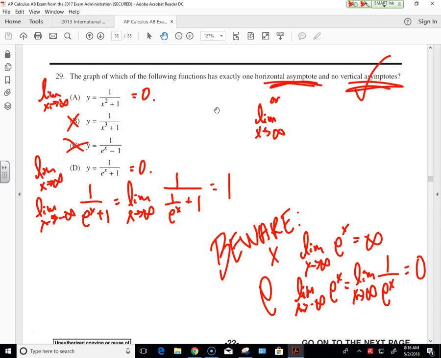This one has 2 horizontal asymptotes, not 1. This other one behaves the same way whether going to positive or negative infinity; the bottom is still 0, so it only has 1. Here's my beware, and I would put it in your when you see, you think.